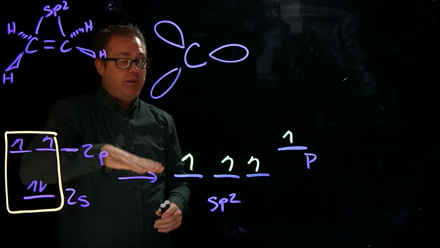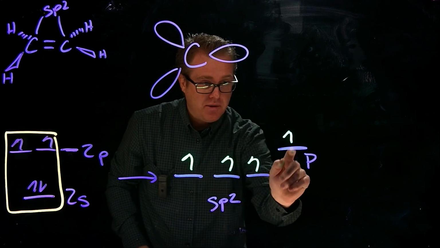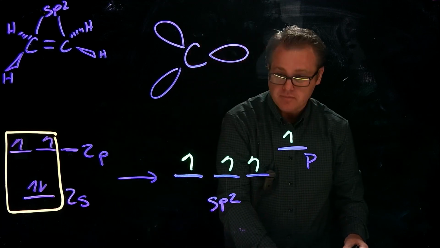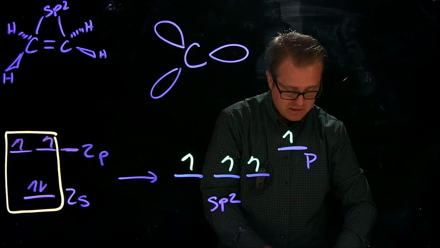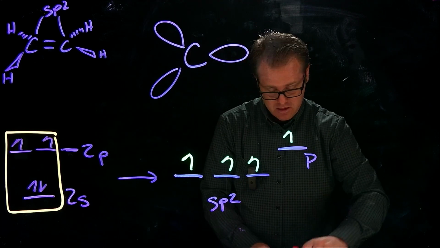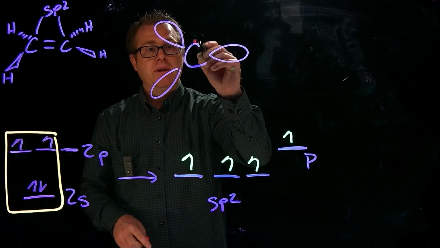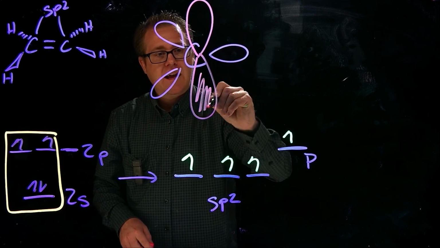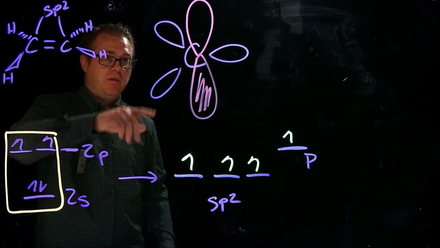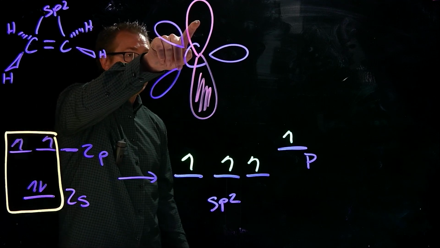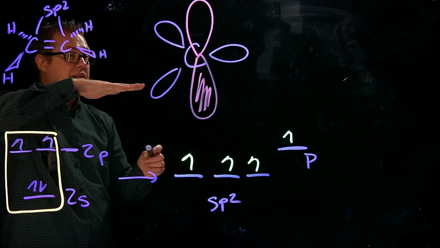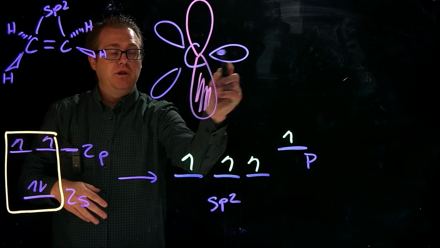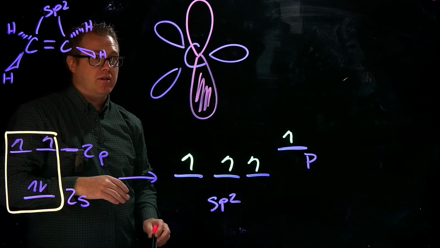Okay? Now we have a p orbital. Now what do the p orbitals look like? Well, those are going to be perpendicular. And those have phases. So this p orbital that I'm drawing is not in the same plane as those 3 sp2 hybridized orbitals. It's perpendicular.